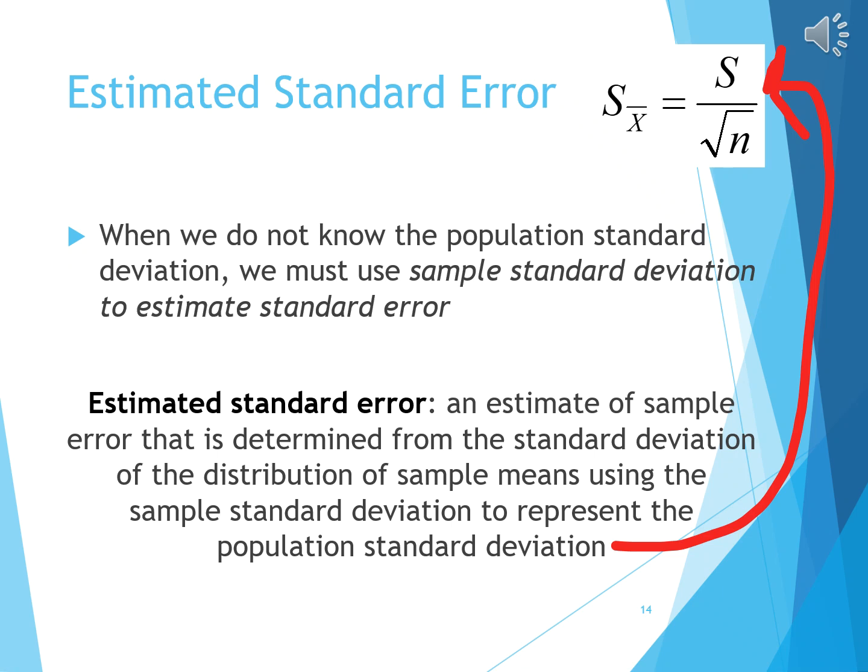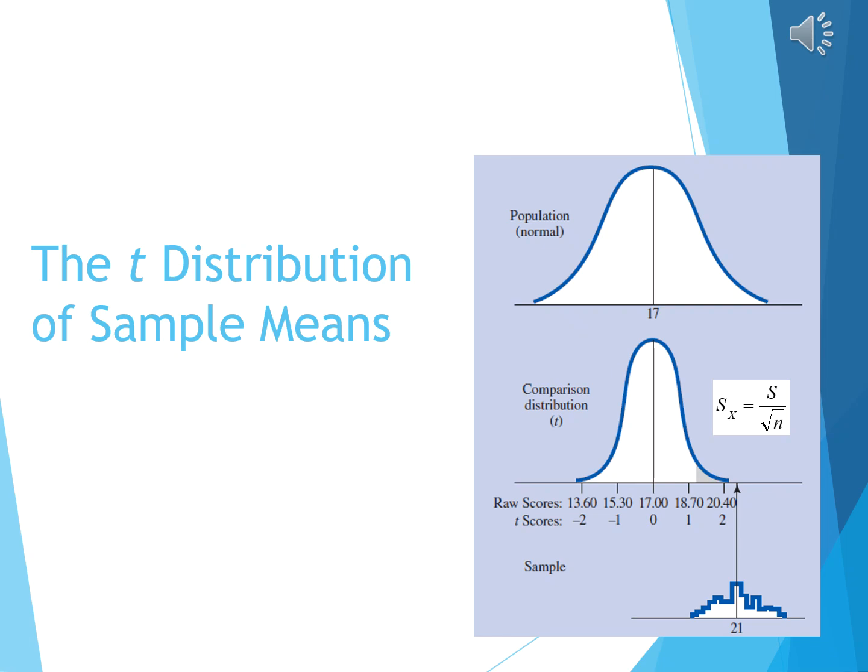So you can see that equation up at the top. Now we're going to have the estimated standard error, which is represented by just the letter S, subscript x bar, equals S, that's the standard deviation for our sample, divided by the square root of our sample size. So in this case, you're still trying to compare the mean of your sample to a population mean.